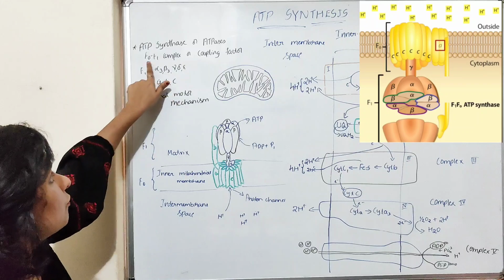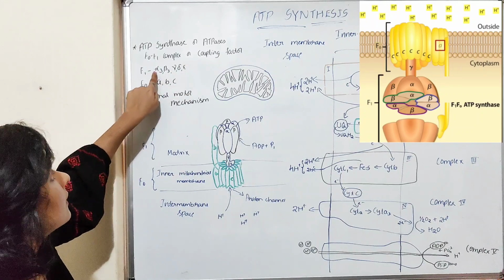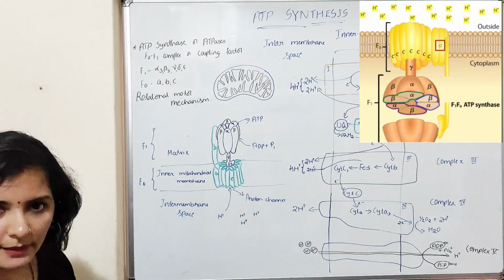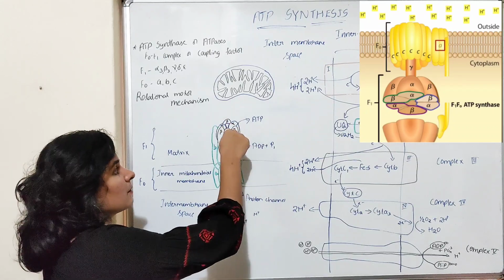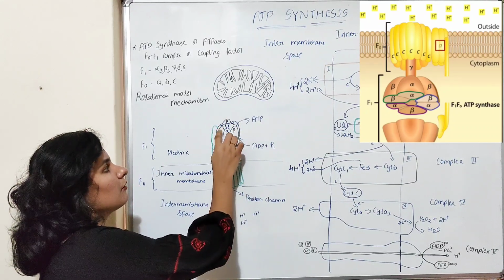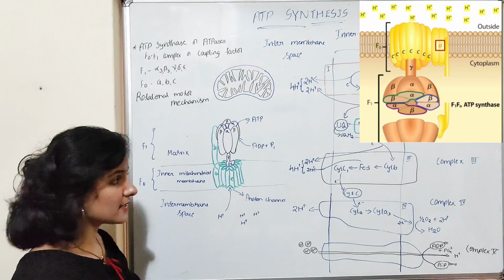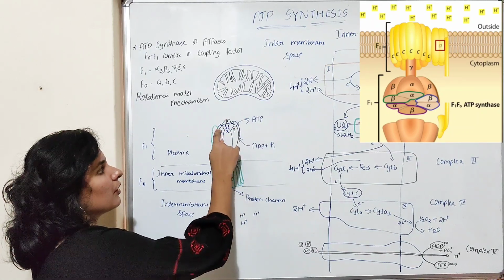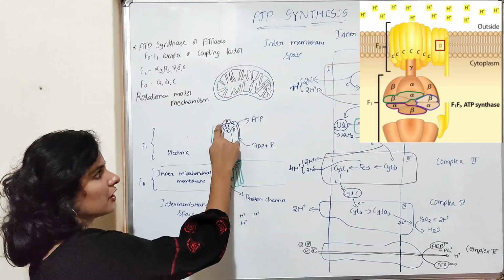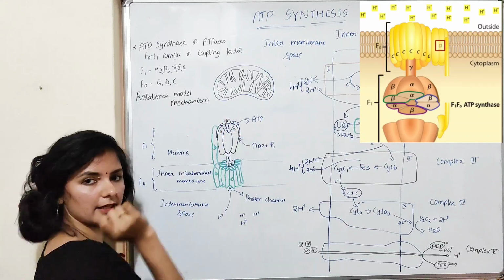Out of these, the 3 alpha and 3 beta are arranged in the form of a hexamer ring with alternating alpha and beta subunits. As you can see in this diagram, this is a hexamer ring with alternating alpha beta subunits. Alpha beta, alpha beta, alpha beta.